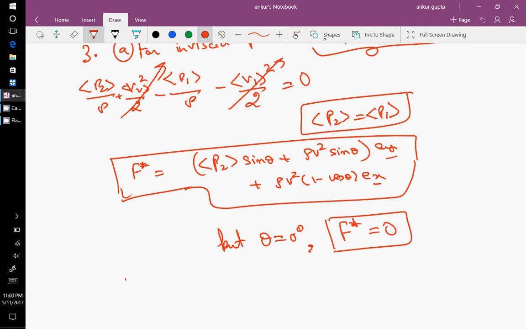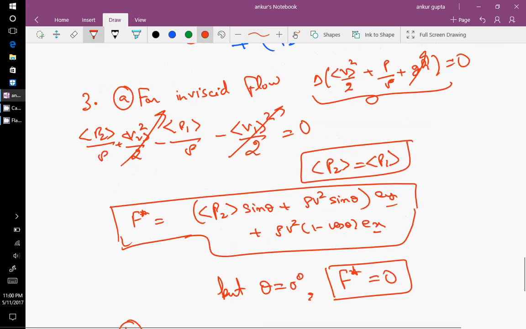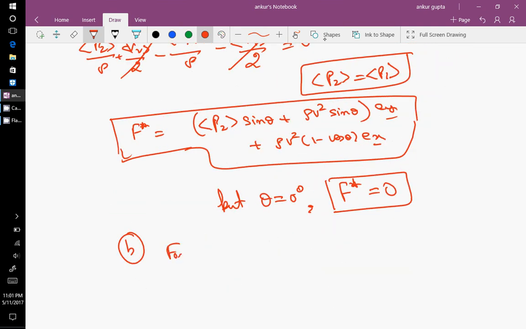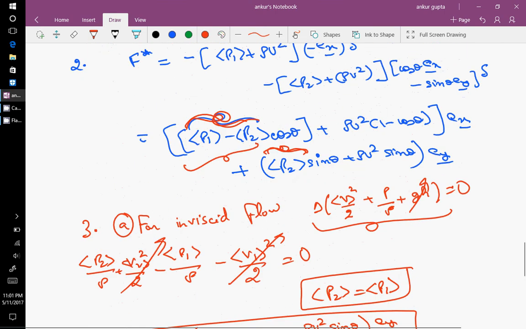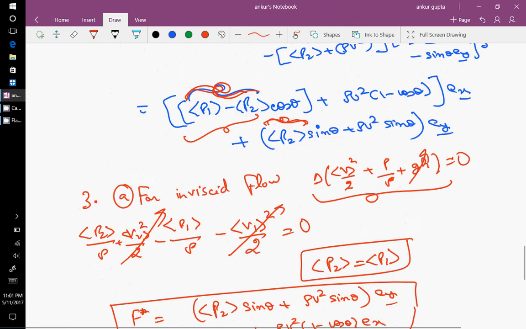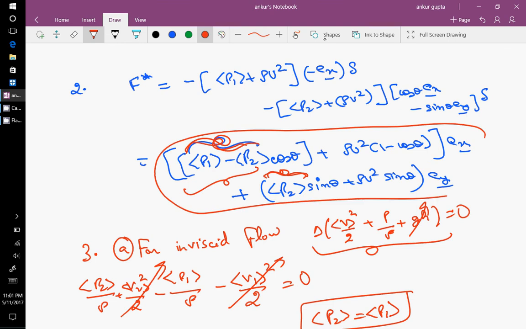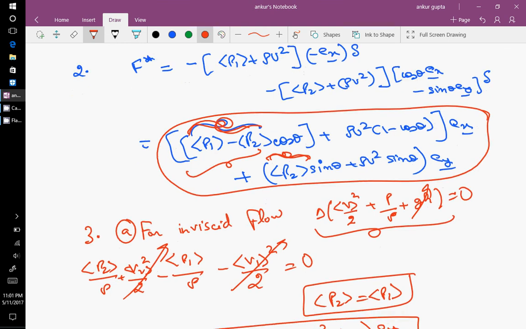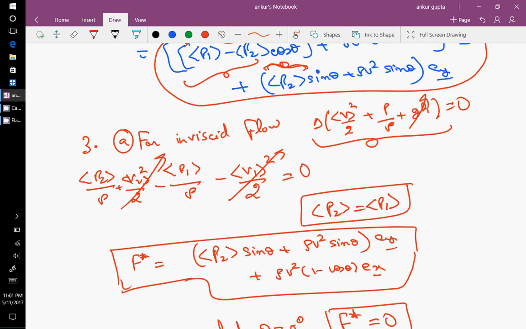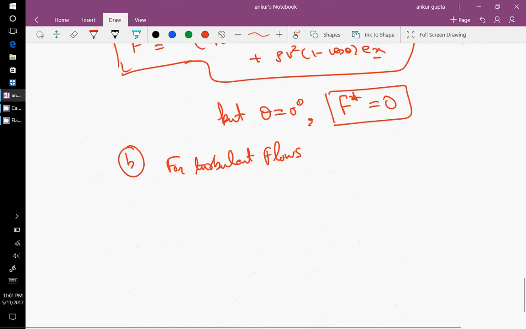This is for inviscid flows, but what happens for turbulent flows? So for turbulent flows, our F star would actually be generally this part of P1 minus P2. So our F star would be of this exact part, but for P2 minus P1 we cannot neglect the viscous losses now. So I'll write it down here.